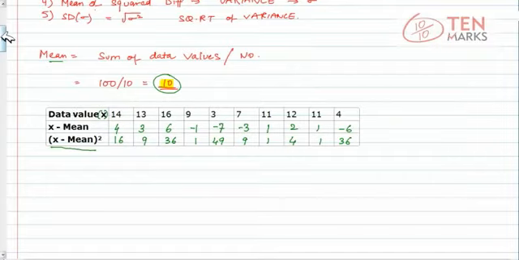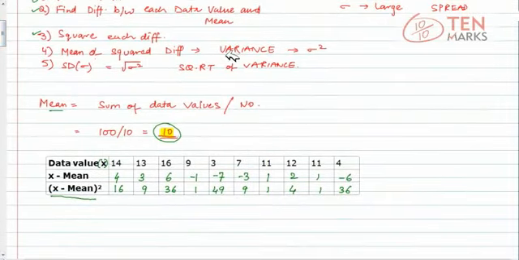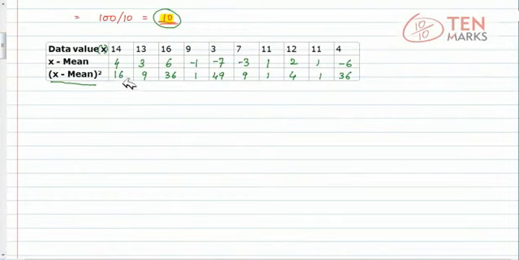So I've already done the first step, the second step, and the third step. Now I'm going to find the variance, which is the mean of the squared differences. The mean of the squared differences means the mean of all of these values in the third row. All I need to do is add all of them up and divide by the number of values, which is still 10. The sum of all these values comes to 162.